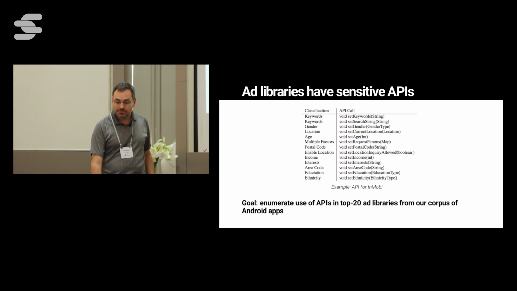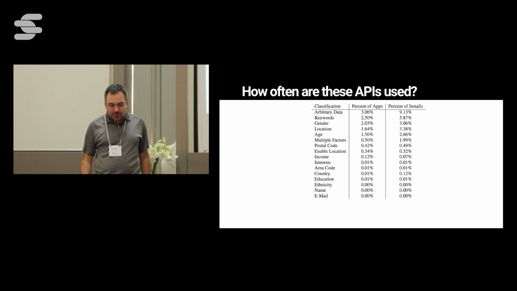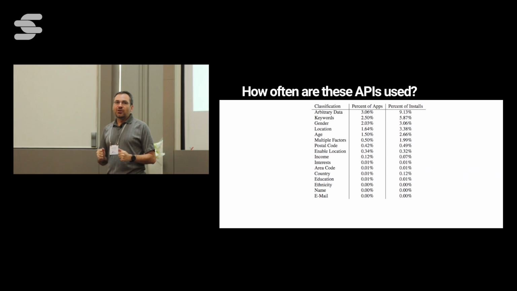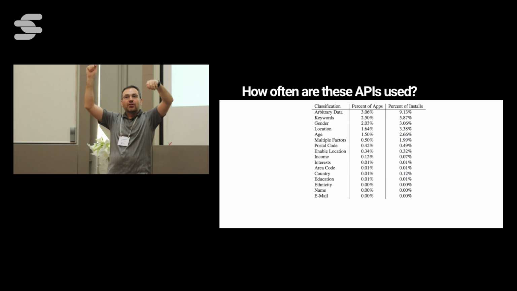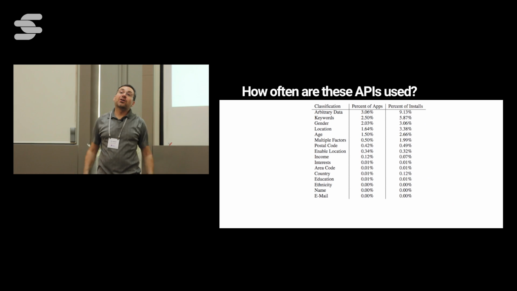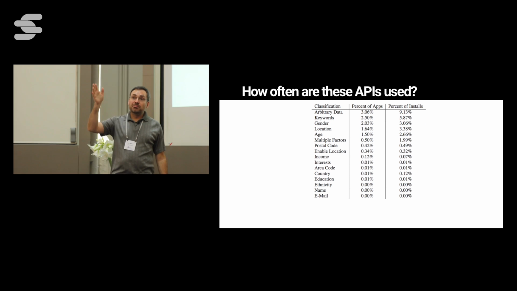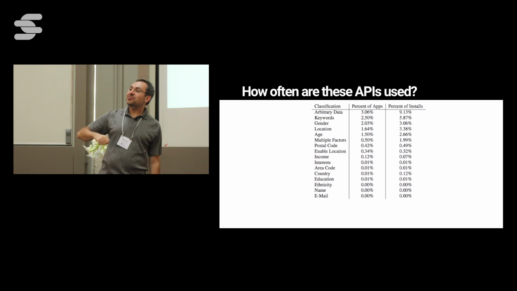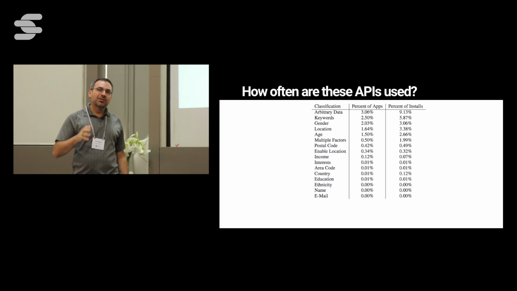And that's interesting. So how often are they used? Well, the top ones are these arbitrary data and keywords, where you can set key value pairs. What key values? We don't know. This was a really dumb grep kind of search, which is robust against obfuscation, but it's not real useful in telling you exactly how they're being used.